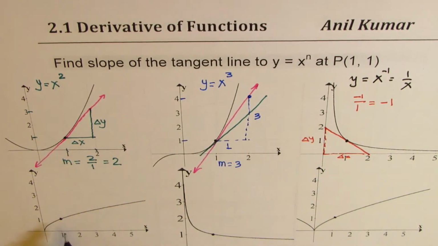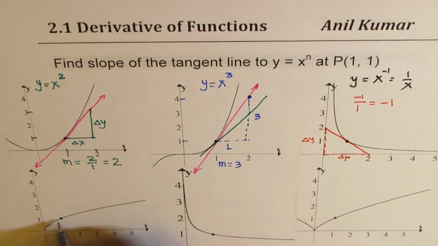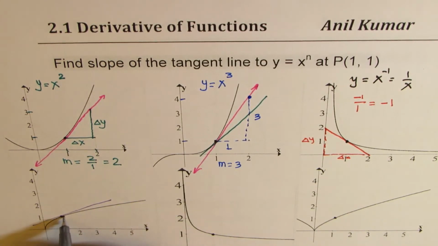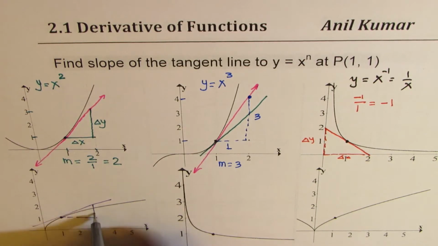Perfect. Now here we have a graph where we'll again draw a tangent line. So if I draw a line here, it is kind of going like this. Okay, so that's the tangent line, correct? So now if I make a triangle, this is what I get, right?